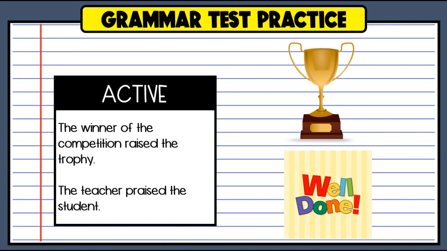Okay, so the subject, the winner of the competition, performs the action because the action is described by the verb raised. And in the next one, the subject is the teacher. They perform the action, which is described as praised. So the subjects are all doing something. They're all taking action in these sentences.